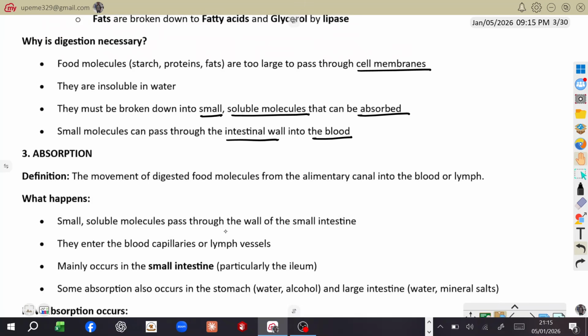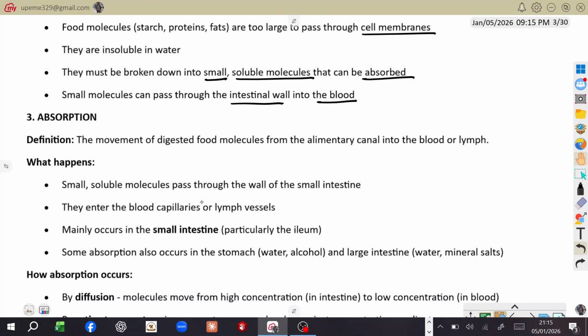of Holozoic nutrition. So now we can go to process number 3, which is absorption. So what is absorption? Absorption is the movement of digested food molecules from the alimentary canal into the blood or lymph.